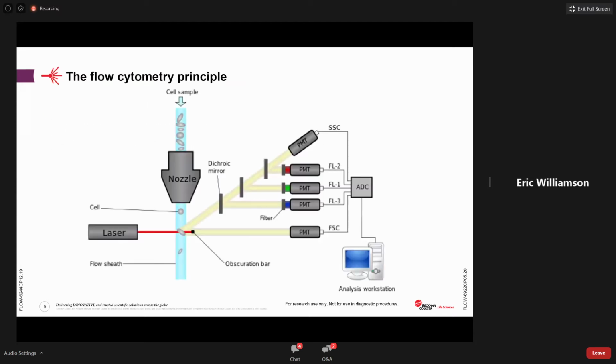Here is a bit of background. The principle of flow cytometry is simple. You line up the cells in a stream of fluid, one cell at a time, and one cell at a time is passing in front of a laser or lasers. The forward and side scatter is recorded, and this gives researchers some idea about size, granularity, and shape of the interrogated cell.